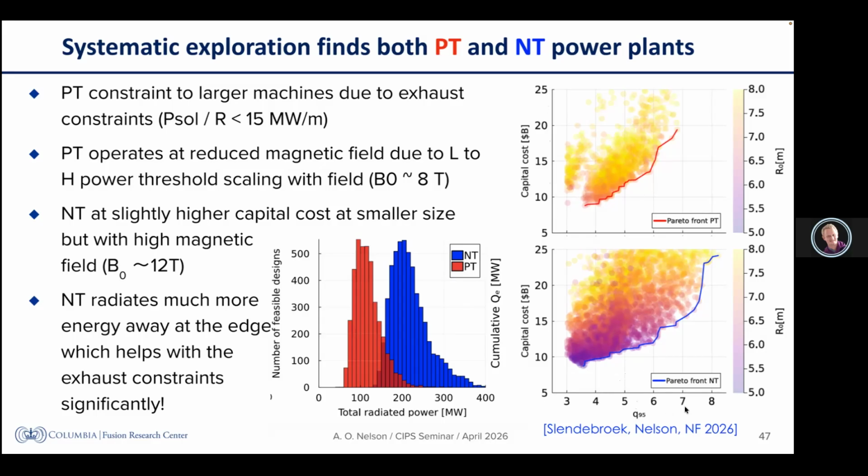Some of them have higher Q95, which is basically like a proxy for disruption safety. You want to be somewhere on this line. And so you have a different sort of reactor space that's accessible for positive triangularity and for negative triangularity. These are both able to find solutions that look like they'd work for an FPP. Negative triangularity has a lot more radiation than positive triangularity in general.